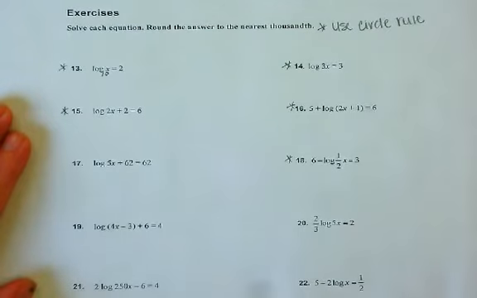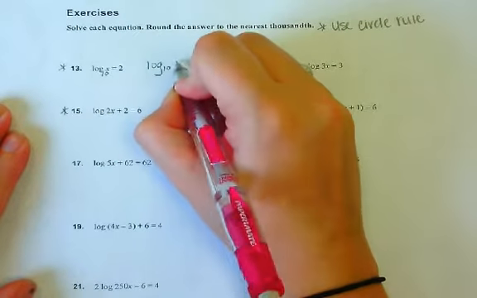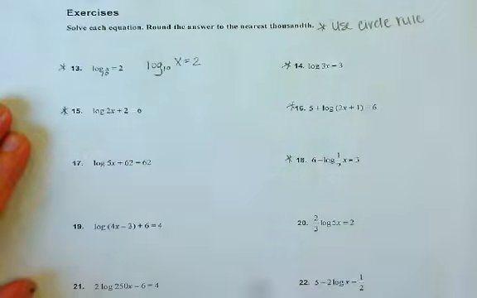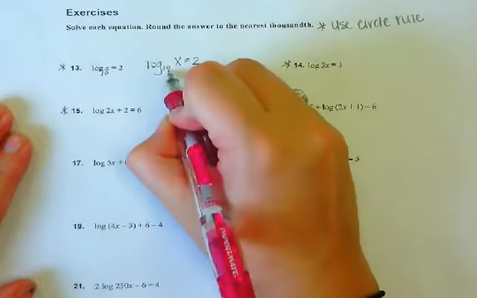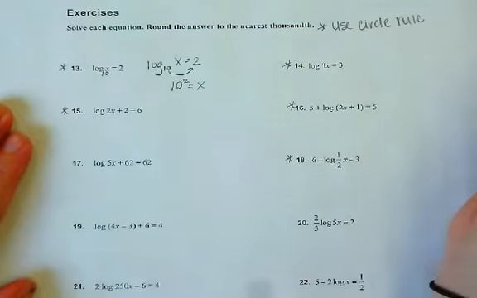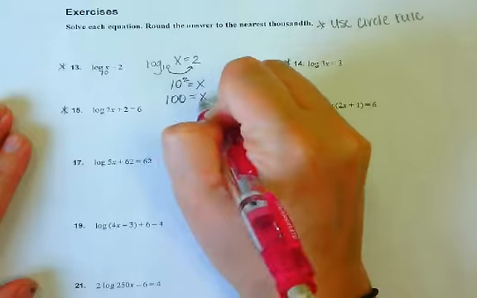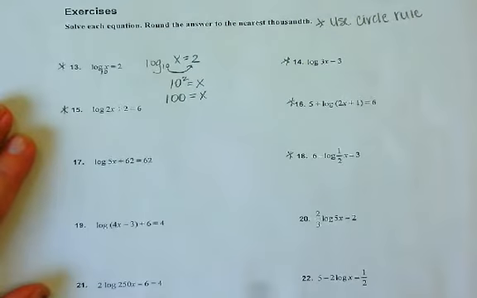So if you would like, you can rewrite it as log base 10 of x is now equal to 2. So now I can use my circle rule. 10 to the second power is equal to x. 10 to the second power is 100. So x equals 100 is my solution.